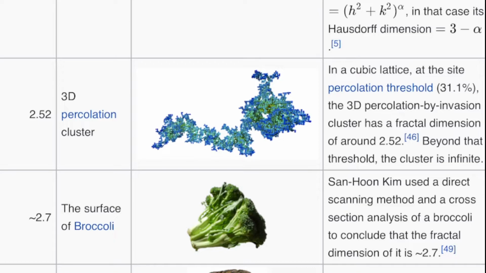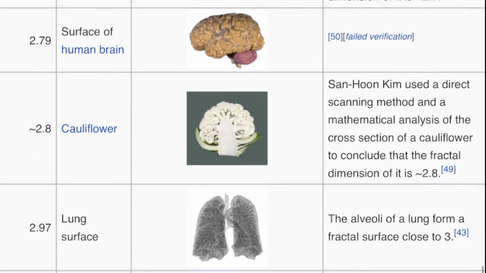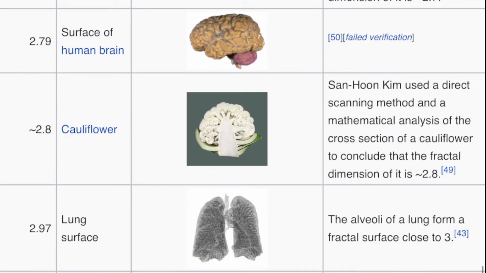It's super wiggly, and apparently they measured cauliflower too. This is the same person who measured broccoli and cauliflower. Cauliflower is a little bit more than broccoli, I guess. The surface of lungs. Yeah, interesting stuff, I think.